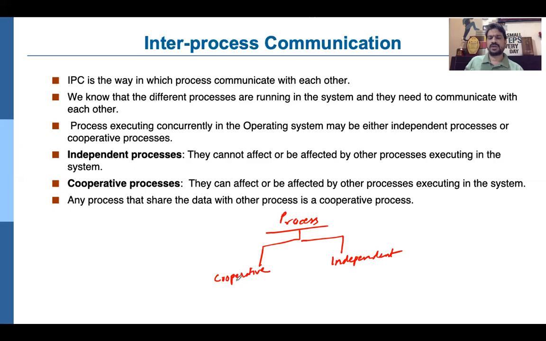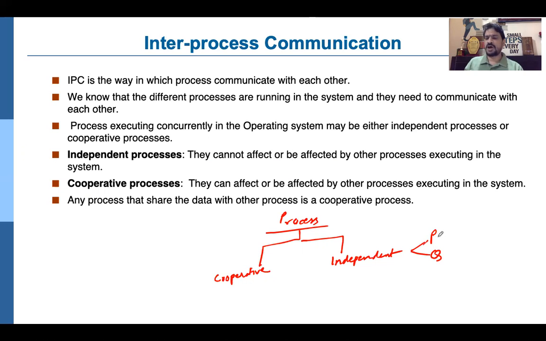So what do you mean by cooperative process and what do you mean by independent process? Let's see that. Independent processes cannot affect or be affected by other processes executing in the system. When one process is running and another process is running, these two processes are not going to affect each other.